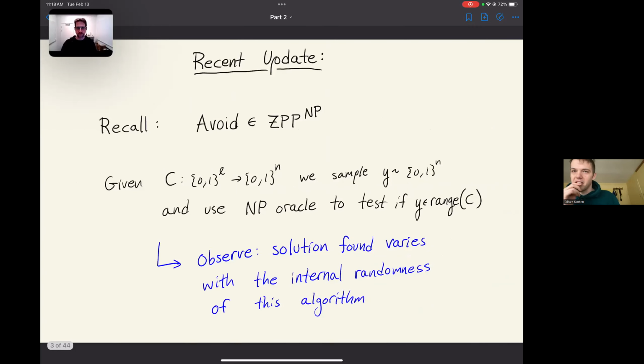One property of this easy algorithm is that the solution we find is going to vary with the internal randomness. In particular, the solution I output for a fixed instance C is going to be uniformly random amongst all possible solutions, because I just uniformly sample and reject whenever it's not a solution.